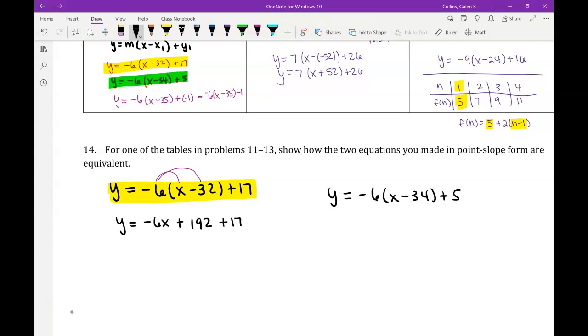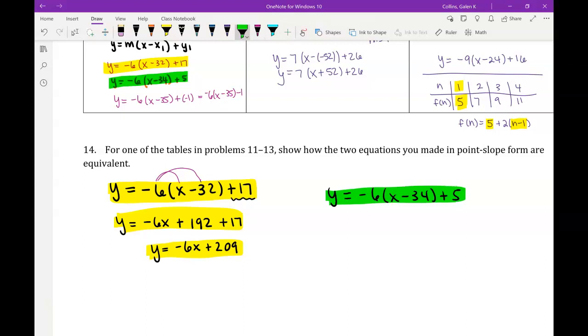All right, and then I still have the plus 17 out here. This was just my constant, my y value. So now let's just combine those like terms. 192 plus 17 is 209. So -6x plus 209. So these equations are all equivalent right here to the original. But the question is, are we able to write this one the same way?